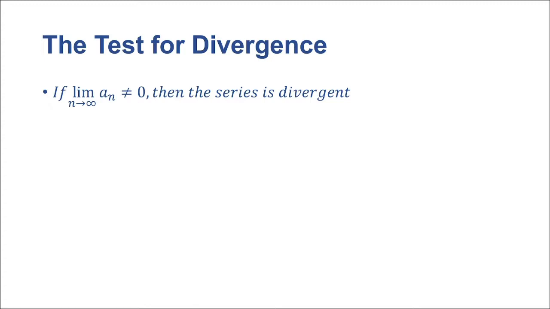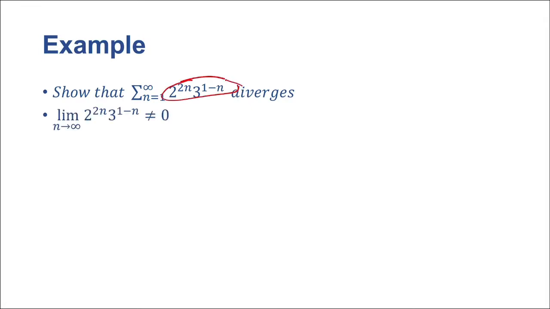Okay, so now let's move on to an example. For this example, I would like us to show that this series diverges. It doesn't matter if this series is geometric or not, but we can use the test for divergence. So all we need to do is plug that into a limit.